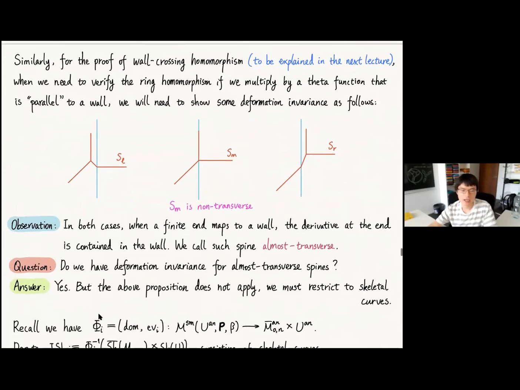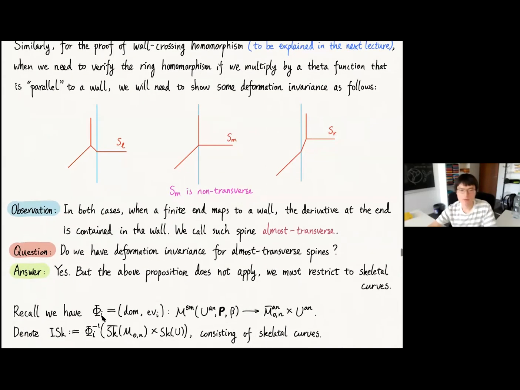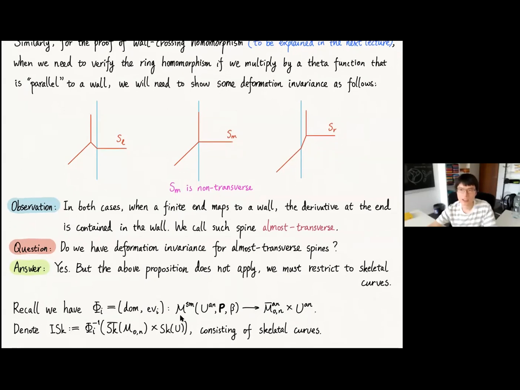Recall, we have our map phi I from the moduli space M smooth, taking domain and evaluation at the I-th marked point. And we denote by ISK the pre-image by phi I of the skeleton. Question: what does the letter I mean in this notation, ISK?